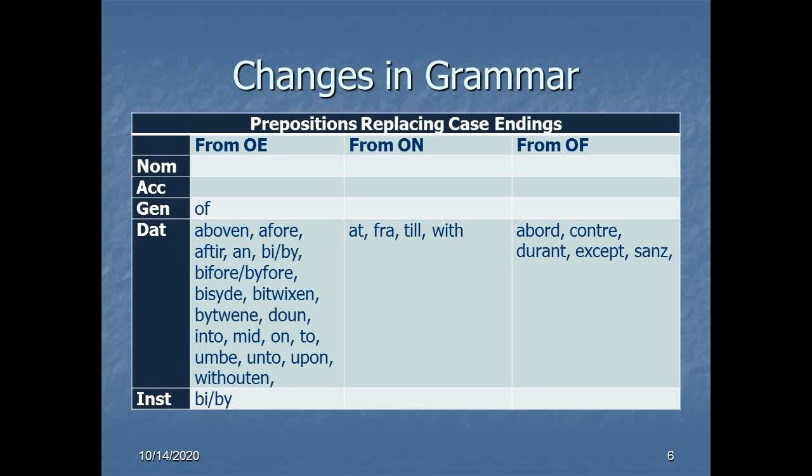The other really simple one is the instrumental, the case indicating agency when the agent is not the grammatical subject of the sentence. Middle English did that, and modern English does that with the preposition by, or as it would have been pronounced at the time, be, which also comes from Old English.